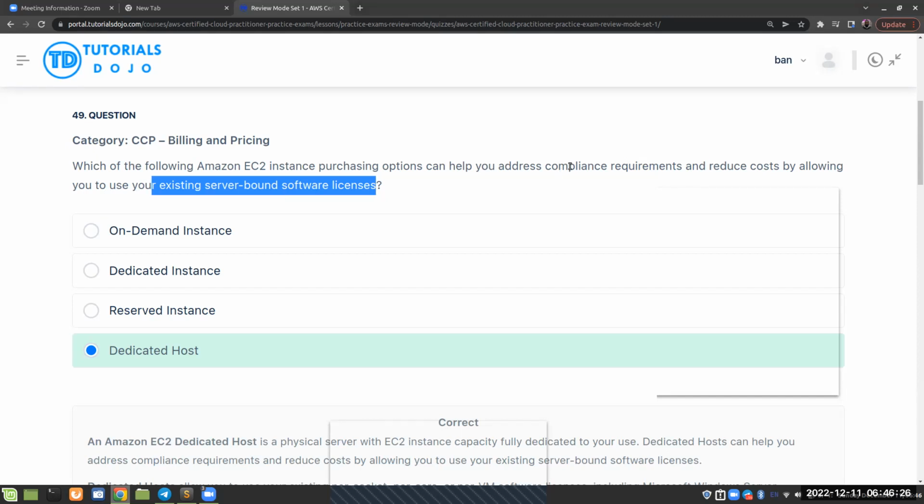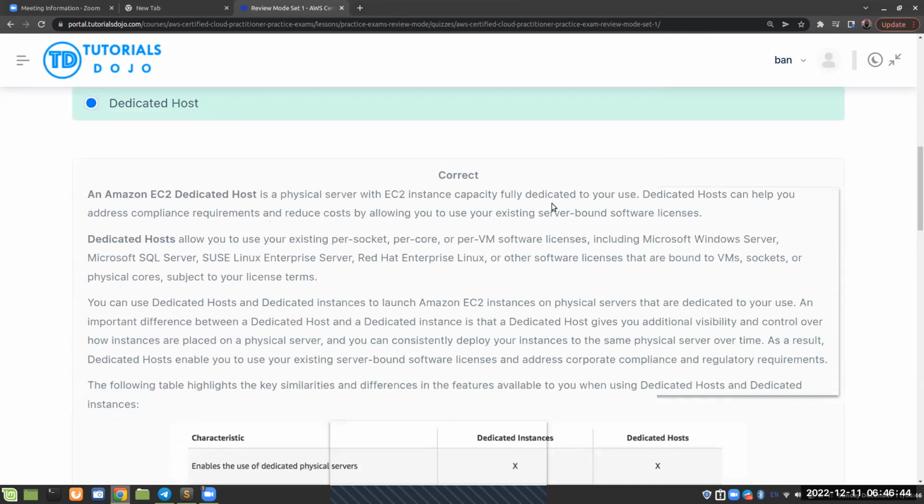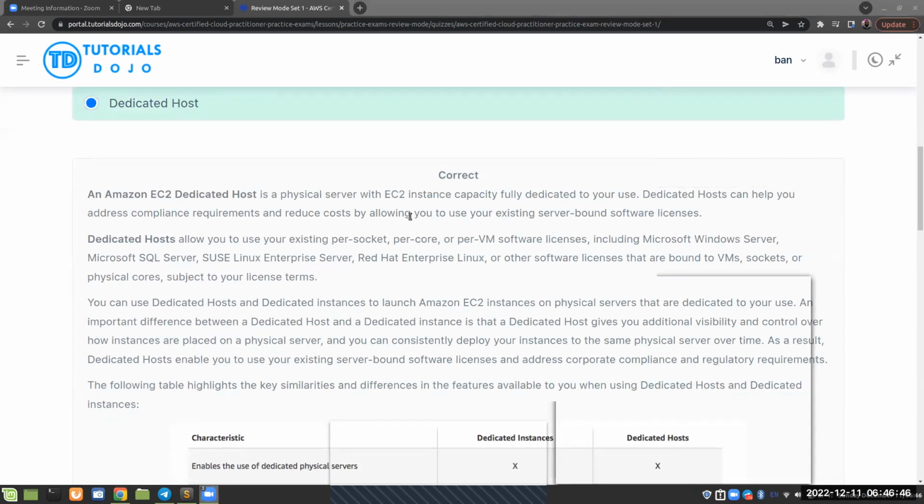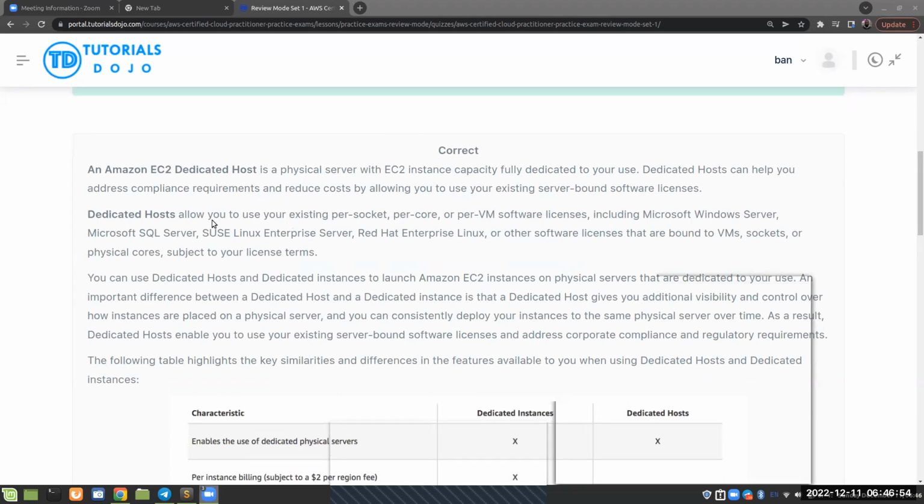So when you have existing software licensing and you are going to AWS and you want to maintain them, the only option you can use is dedicated host, and it can also be for compliance requirements. So the key thing is, dedicated host helps you address that. So dedicated hosts allow you to use your existing per socket, per core, or per VM software licensing, including Microsoft and all of that.